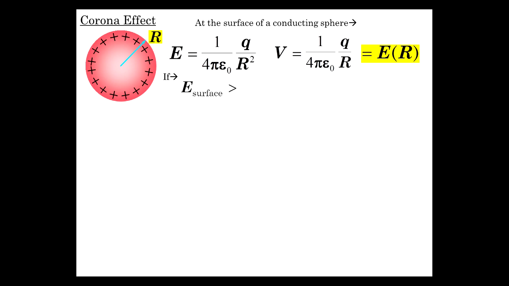Okay, so if the electric field at the surface is greater than 3 million volts per meter. Now 3 million volts per meter is a pretty significant E field. You don't have much to use as a basis for that, but it's a large E field. When that happens, then you could say forces on the subatomic particles, namely the electrons, are such that it starts ripping them out of their atoms.